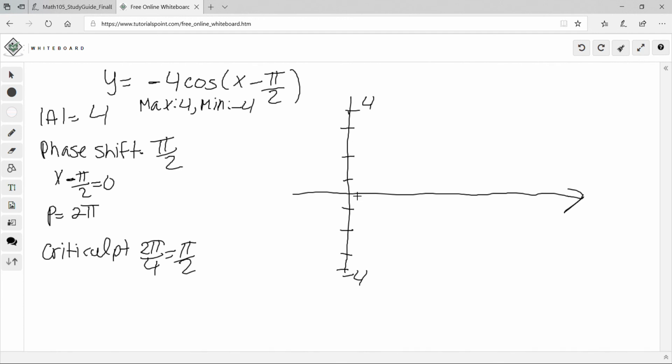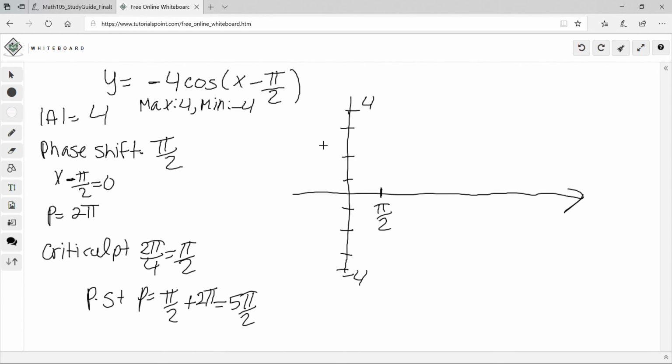Now, let's see. Our first point is pi halves. Now, since there's a phase shift, our last point is phase shift plus period, which is pi halves plus 2 pi, which is 5 pi halves.